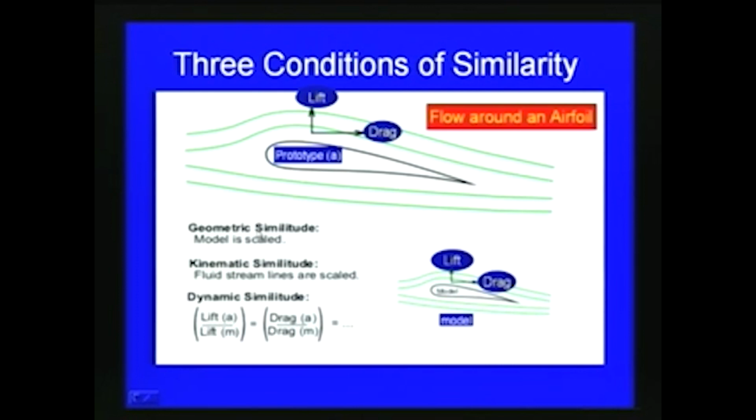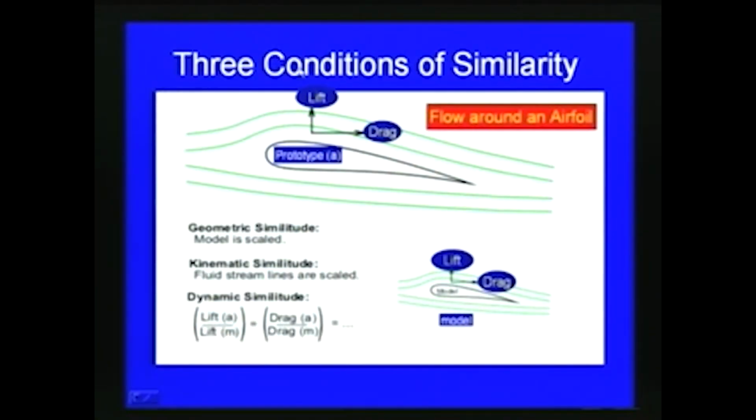So, the model is scaled according to the geometric similitude. The second one is the kinematic similitude: the fluid streamlines are scaled. You can see in this figure, with respect to the prototype and the model, the streamlines are also scaled. Accordingly, we can say that kinematic similarity is met.